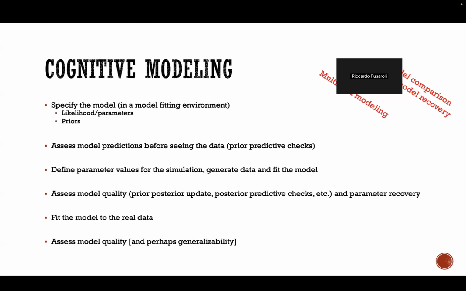Basically, everything that's above "fit the model to the real data" is work that we're doing without even opening the real data, right? We're just working on simulated data to see whether in principle our model can work. And even in the most conservative mindset, there we can do all the changes we want to the model without falling into questionable research practices, right?